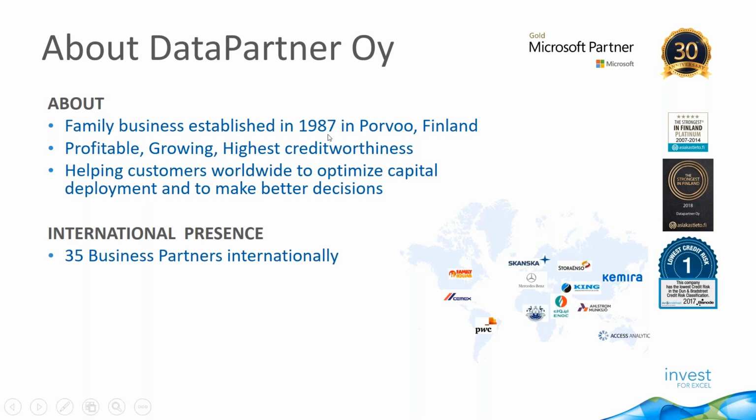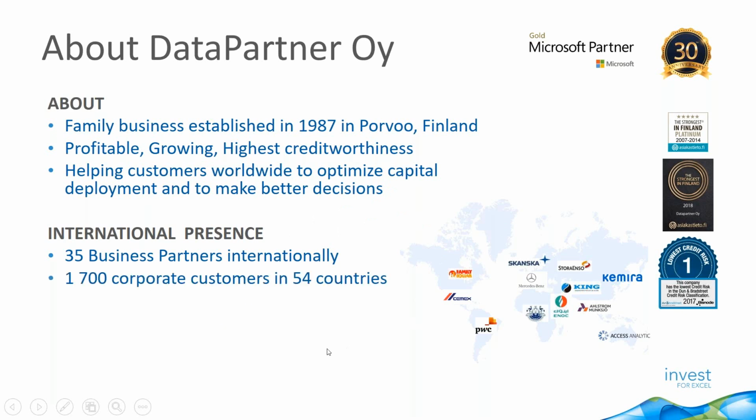In Porvoo we are a staff of 10 persons. We have a subsidiary in Sweden, and then we have some, I think, 40 business partners internationally. Like also in Bulgaria we have Angel Mirchev, CPM Consulting, here with us today, plus some other staff that can help you.